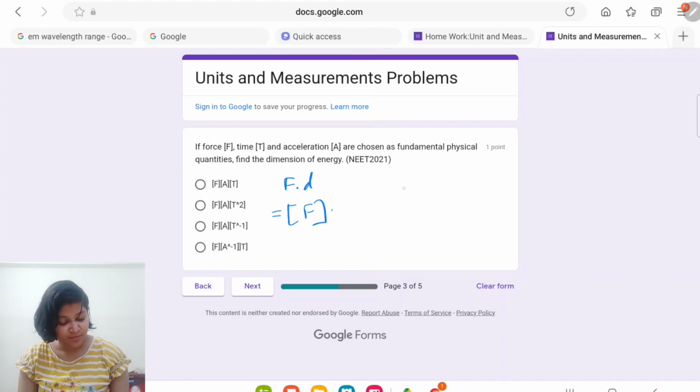So we have to express distance in terms of acceleration and time. Acceleration is velocity per unit time, L T to the power minus 2. So we have to find out this L from here. So this L or the distance becomes A by T to the power minus 2, so A T square. So this becomes F A T square.